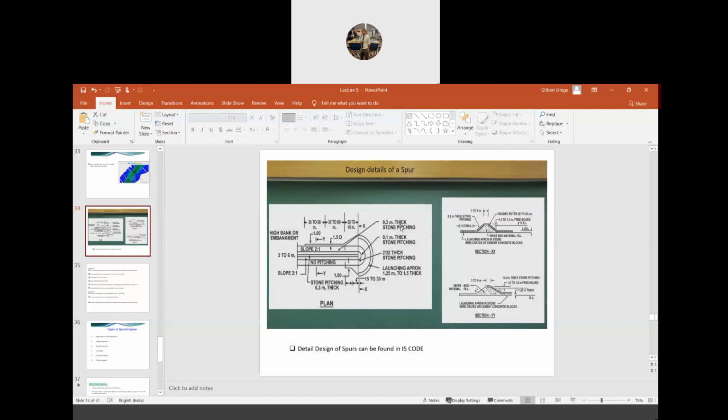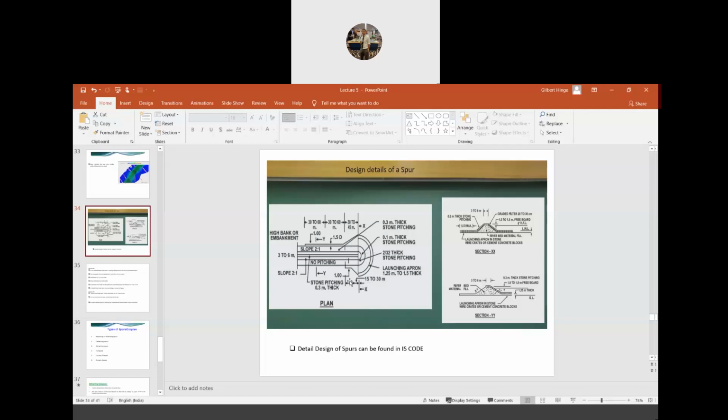How much thickness of stone pitching you should provide is already written in these pictures in the plan view. So here we provide 1.25 to 1 meter stone pitching, and then here again. In these pictures, you will see how much thickness we have to provide in this apron in order to protect it from scouring.